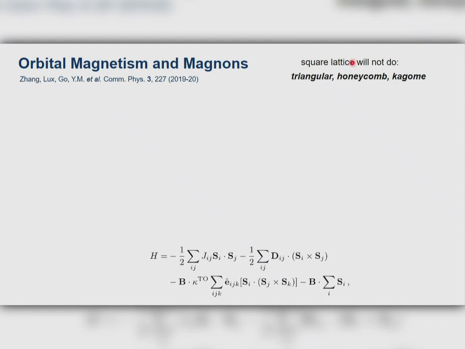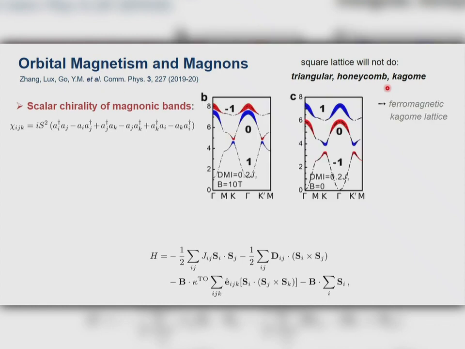If you take a lattice which is triangular, honeycomb, or Kagome, for instance, and you include the effect of either magnetic field or DMI or both, you will realize that if you use some simplistic models for describing this spin wave physics, and if you look at the chirality that the magnon band can carry, you see that, for example, already in a ferromagnetic Kagome lattice, you have a finite chirality of your magnonic states. So you send a magnon into your system, it has a net scalar chirality, which you can feel if you're looking at this magnon.